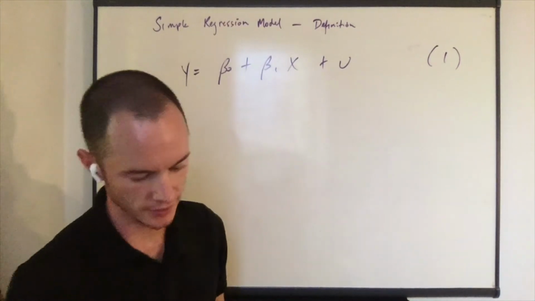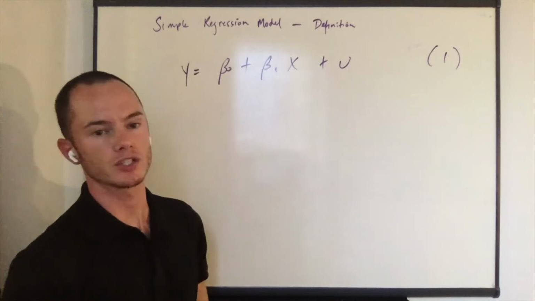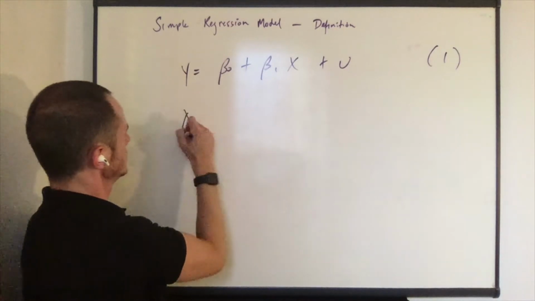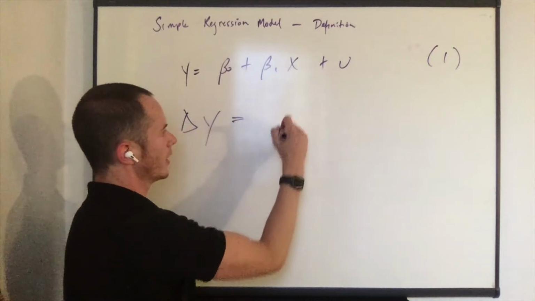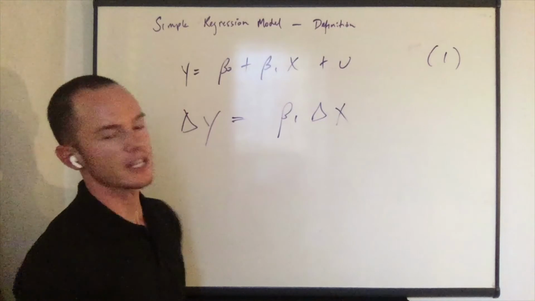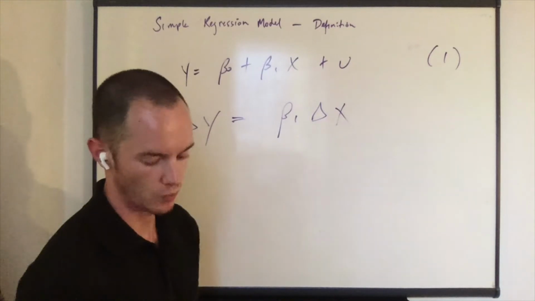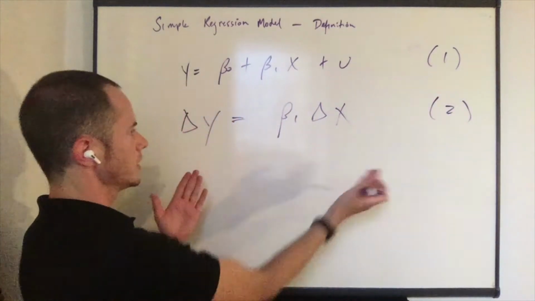Equation 1, the simple regression model, defines the functional relationship between these two variables, x and y. That is, the change in y is given by beta 1 times the change in x. So there's a linear relationship between x and y. Let's call this equation 2. What does equation 2 tell us?